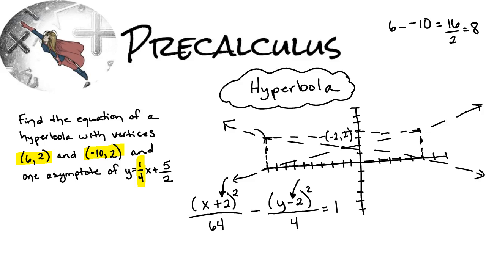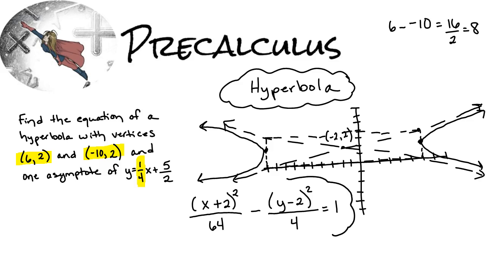So the curves are going to go like this and hit at the vertex and keep going close to the asymptotes in both directions. And then here was the other vertex, and the curve on this side does the same thing. So that's what the overall hyperbola looks like for this one. So the equation that they were looking for is this right here.